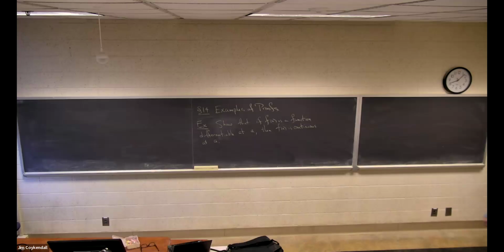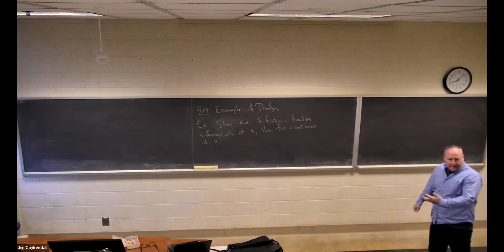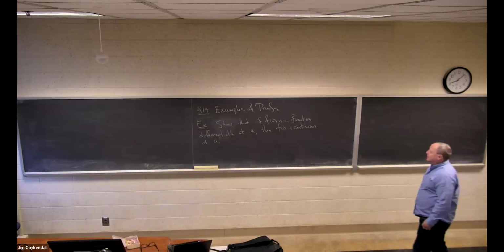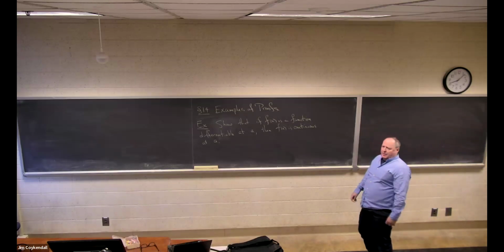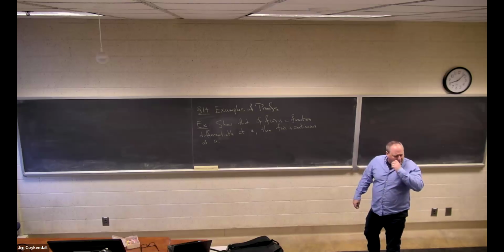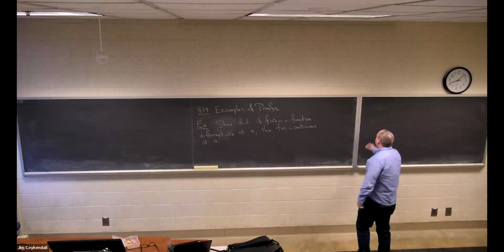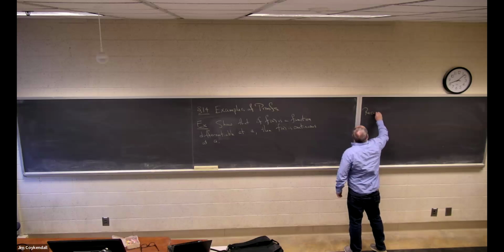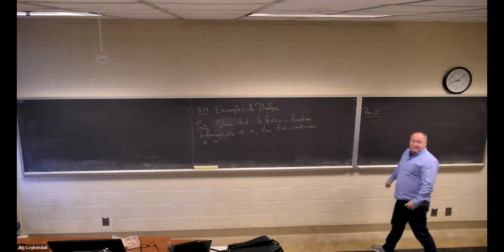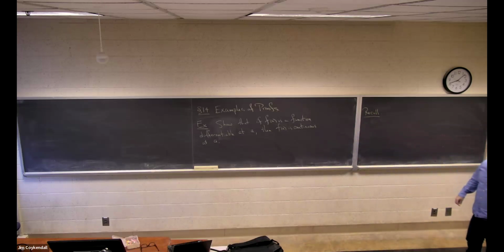So I guess one of the things I want to make sure is that we're all on the same page. What am I allowed to use here? What are my definitions? Does anybody remember what it means to be differentiable at a? Well, yes. Right.